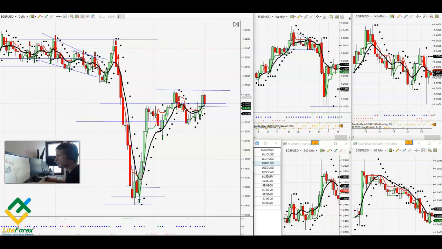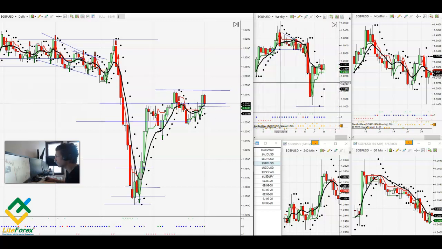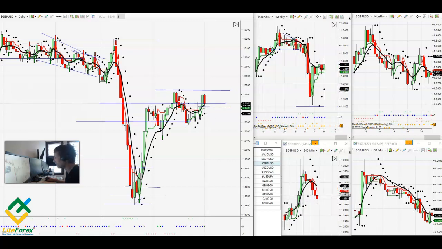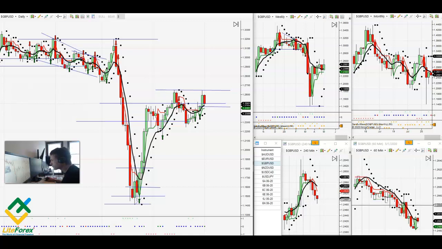Let's see if it can hold that support, but I see this coming down. I really think that this will come down more. The 240 is definitely suggesting we could get a rebound before we go lower. So just watch that support at 25 and the next level support. But yeah, it's hitting that resistance and looking to come down.